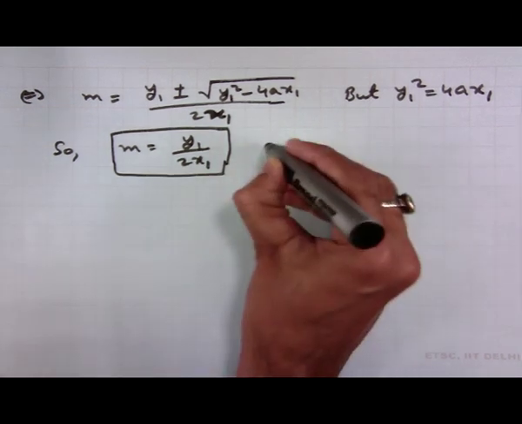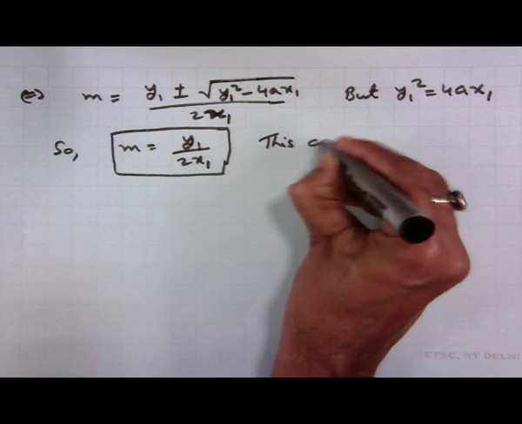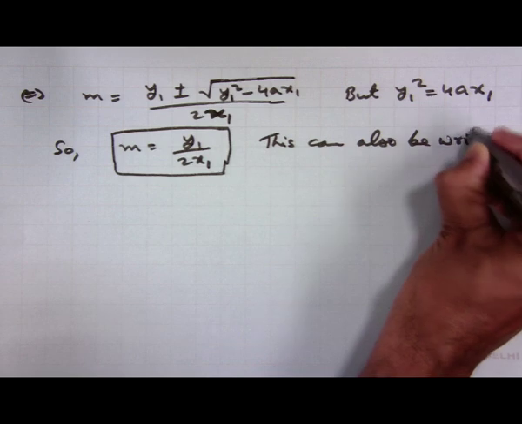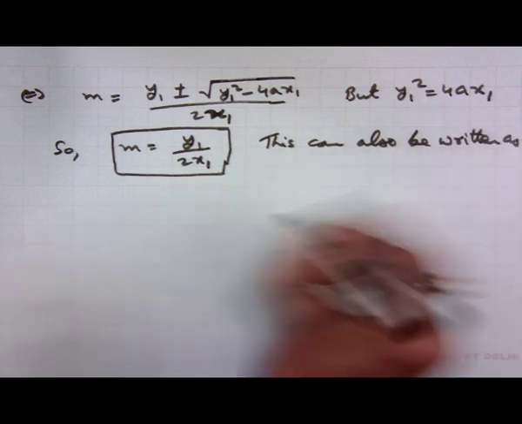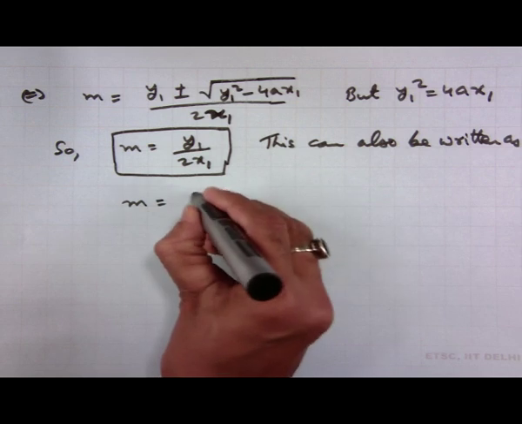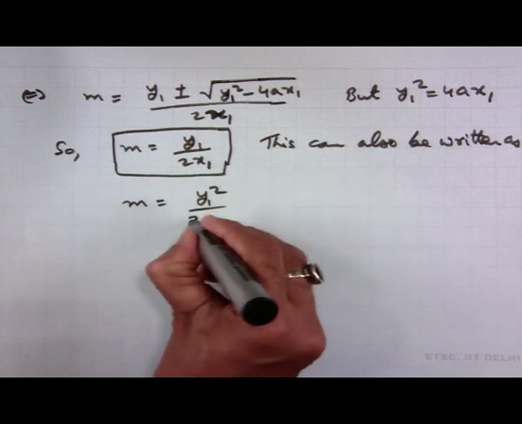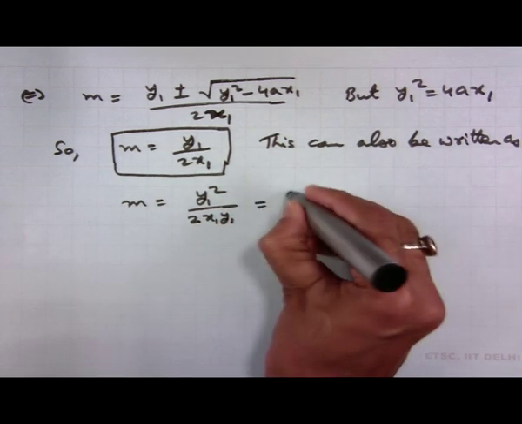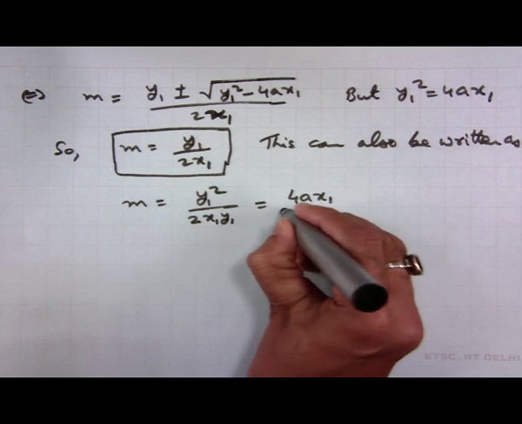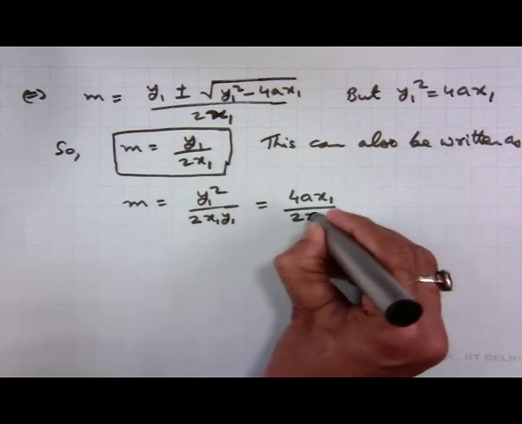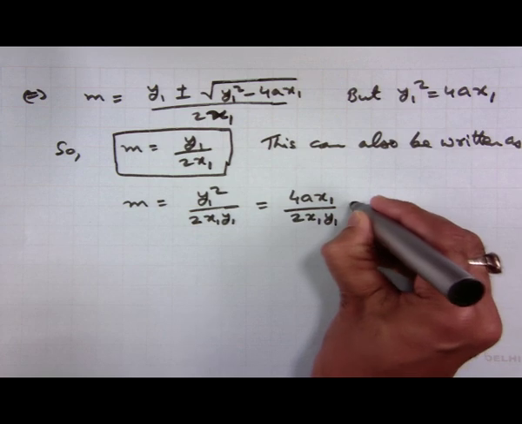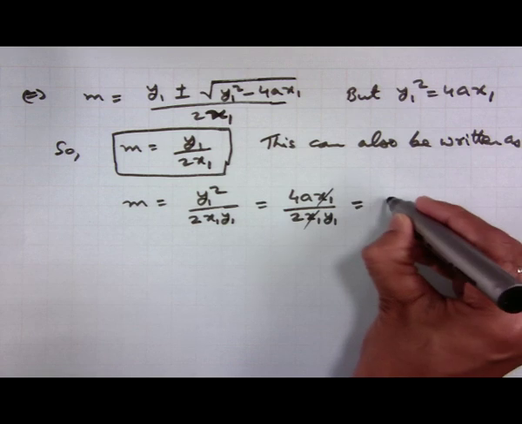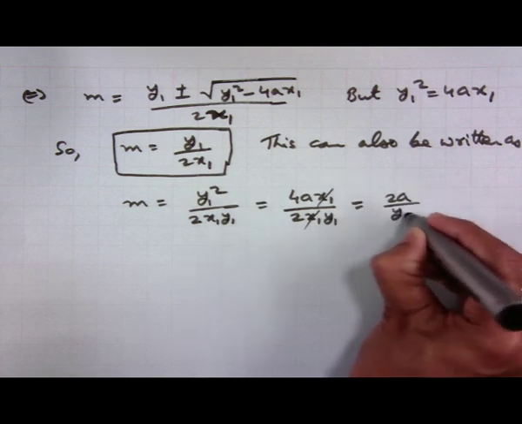This can also be written as m equal to y 1 square by 2 x 1 y 1, but y 1 square is 4 a x 1 divided by 2 x 1 y 1. So, x 1 cancels here and we get 2 a divided by y 1.